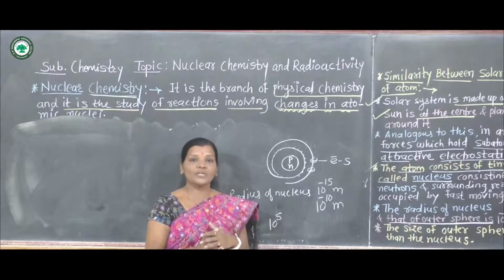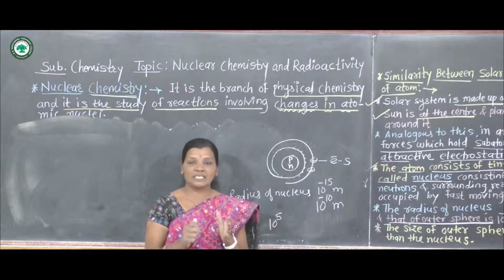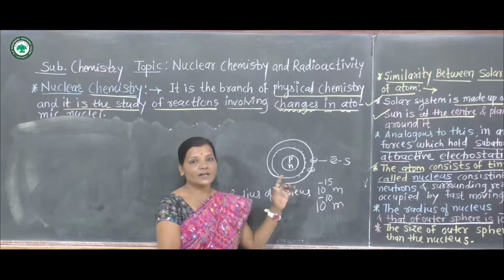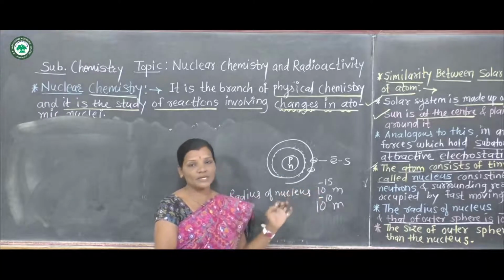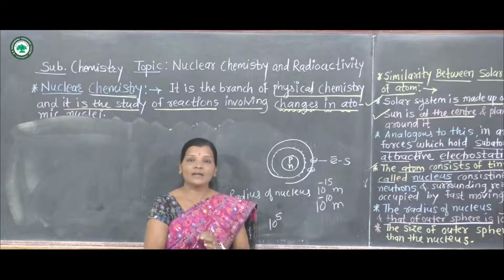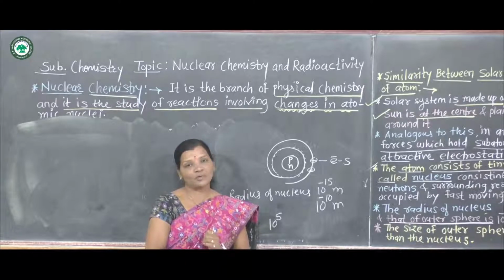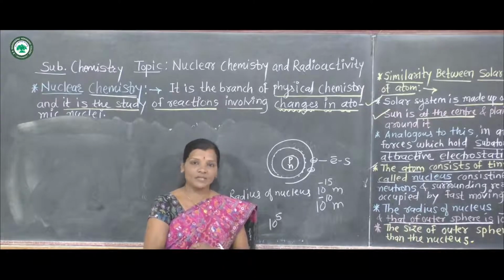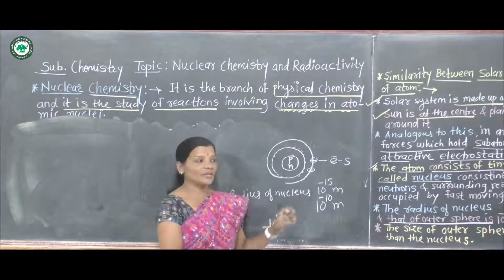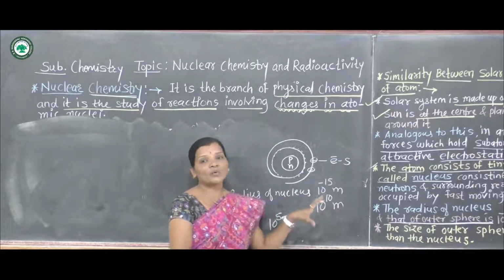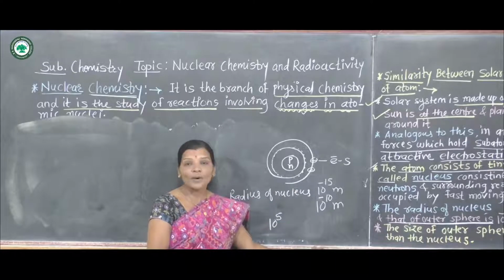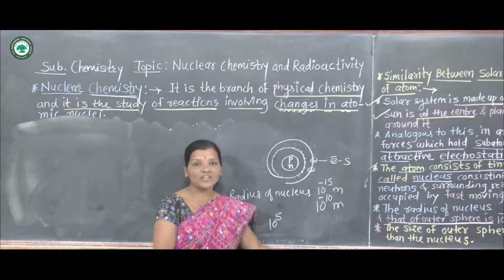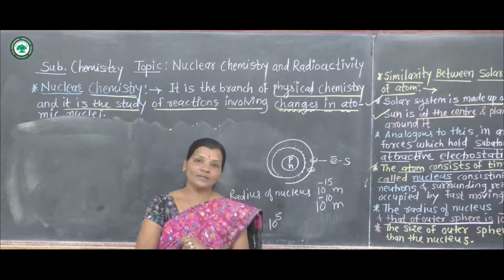So a larger vacant space is available between the nucleus and the outer sphere. The radius of the nucleus is about 10 raised to minus 15 meter and that of the outer sphere is 10 raised to minus 10 meter, so the outer sphere is about 10 to the power 5 times larger than the nucleus. That is the important thing in the structure of the atom.